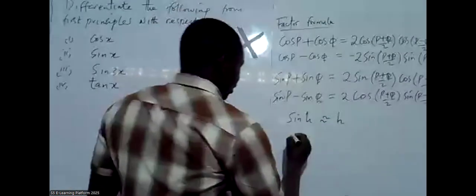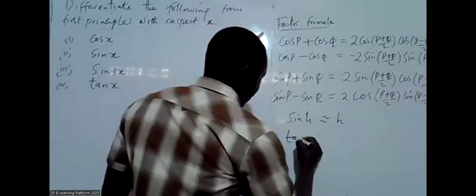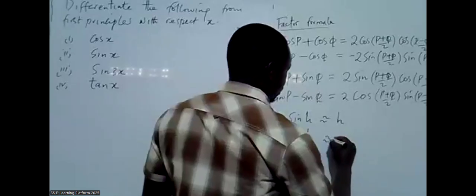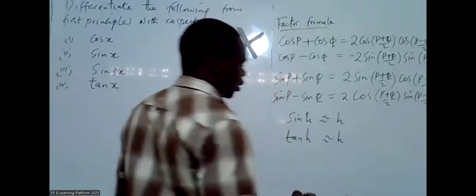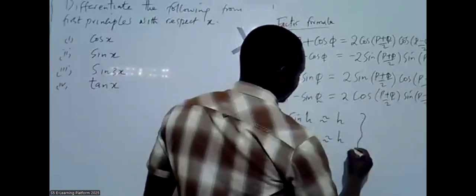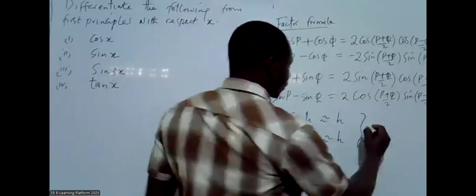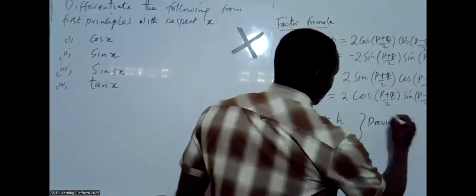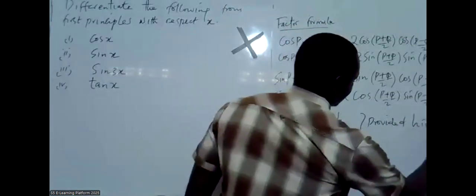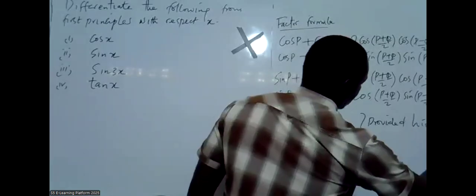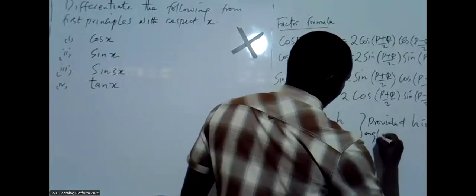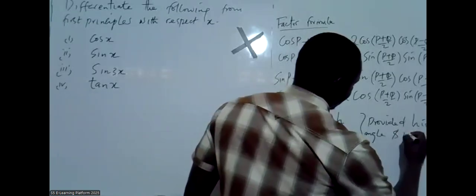Mainly that one. Then we also had tan. If we use tan h, it will also be approximately equal to h. This is true provided our h is small, it is a small angle, and in radians.